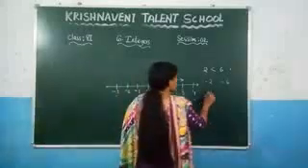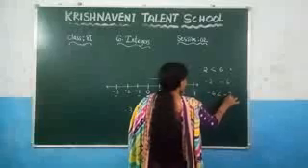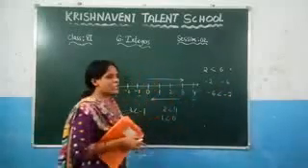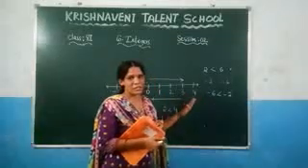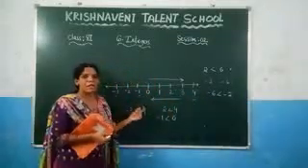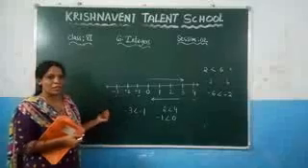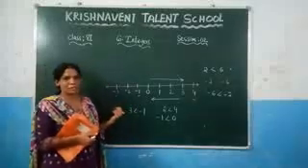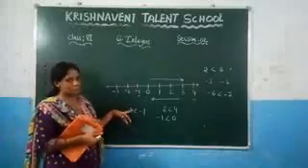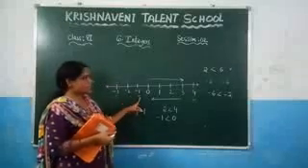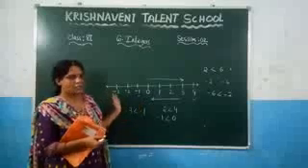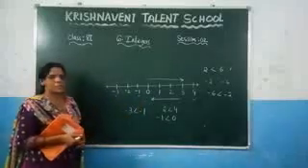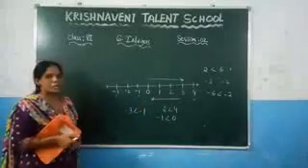So you can write -6 is less than -2. In case of the positive numbers you write like this; in case of the negative numbers you write like this, because while going to the left side of the number line, the number decreases. From that you can conclude -2 is less than -1, -3 is less than -2, like that. So this is about the representation of integers on a number line.